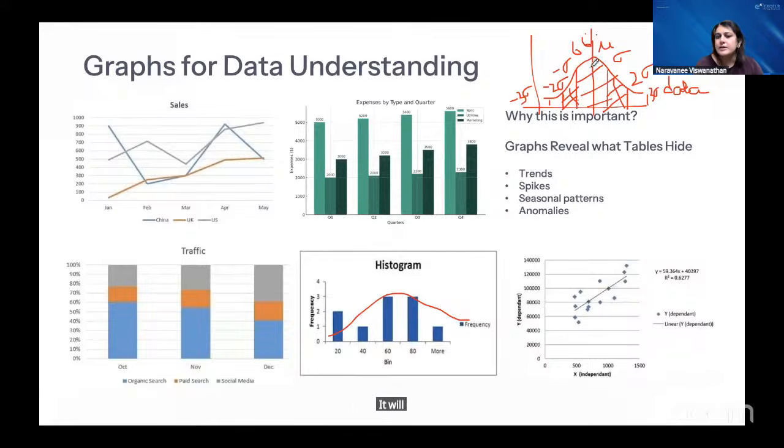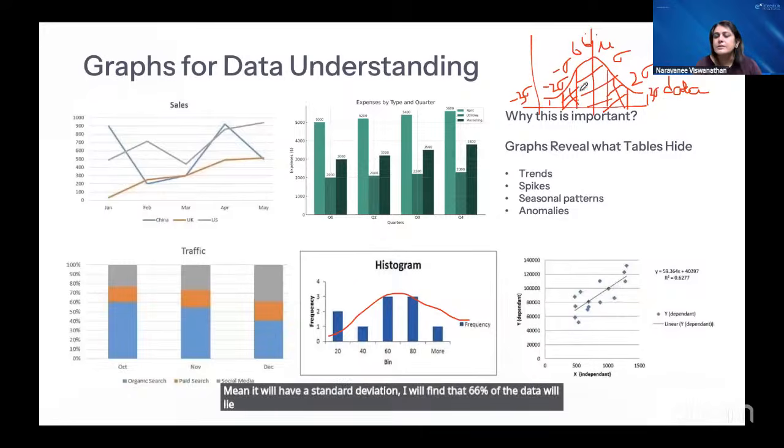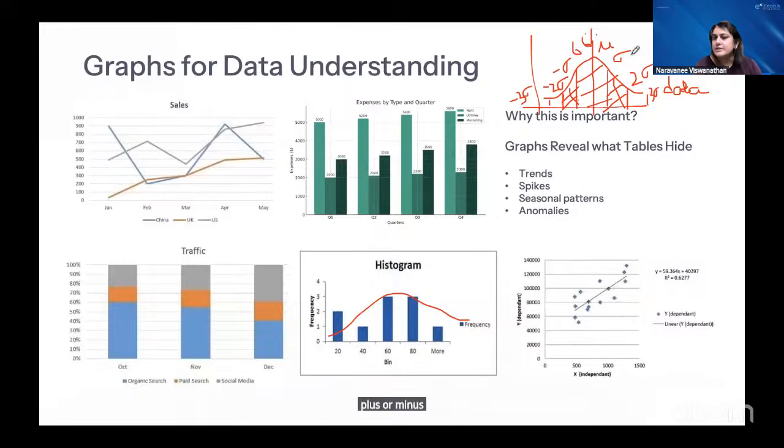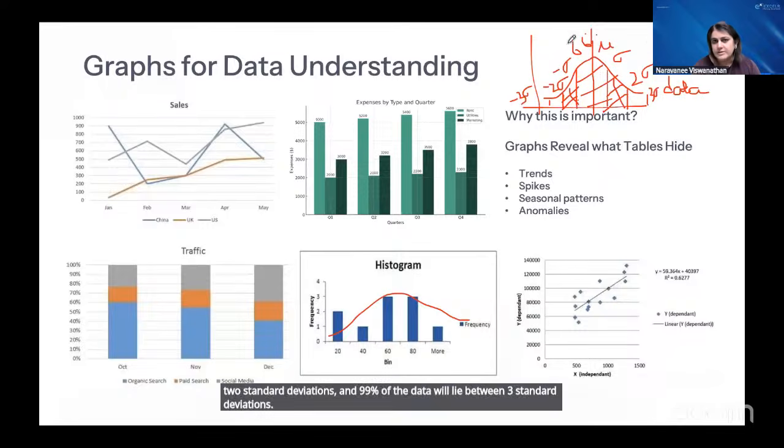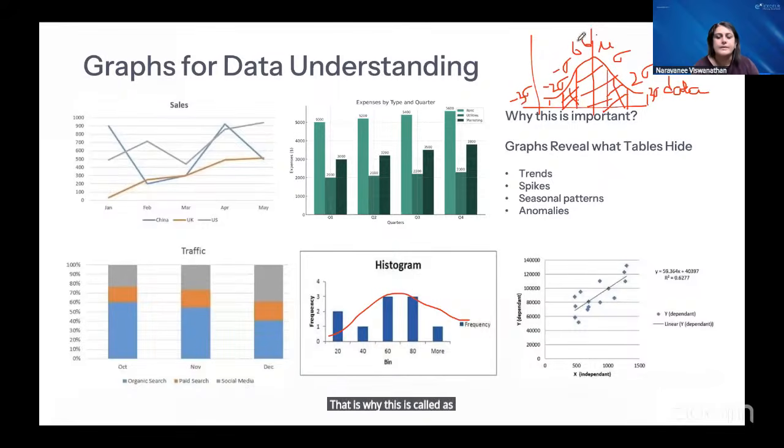It will be symmetric, it is a bell curve, it is going to have one mean, and a standard deviation. You will find that 66% of the data will lie within plus or minus one standard deviation, 95% of the data will lie between two standard deviations, and 99% of the data will lie between three standard deviations. That is why this is called normal data.